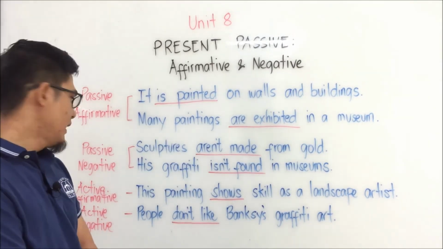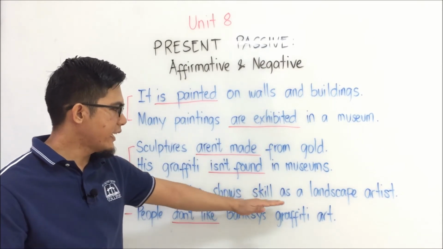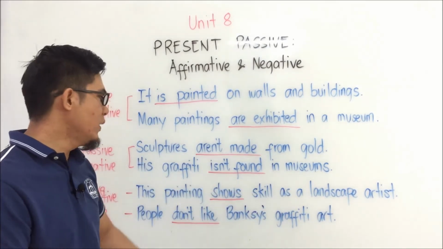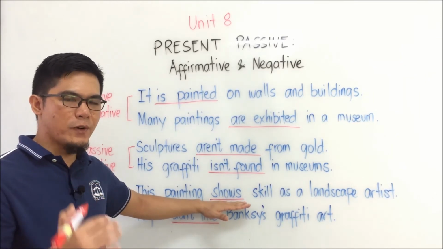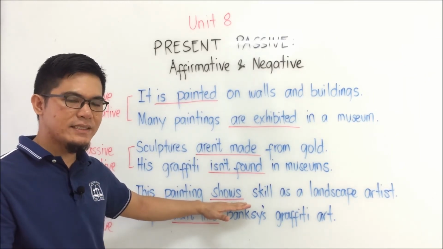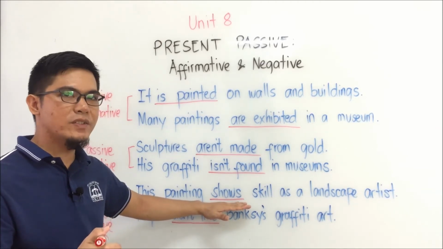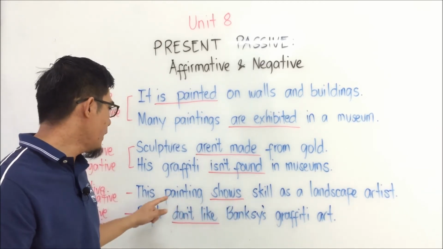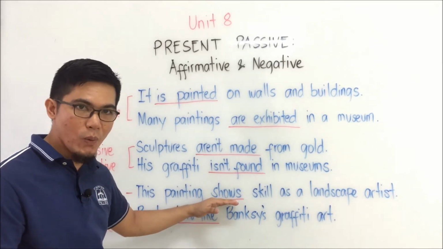Okay. Let's go to active affirmative. This painting shows skill as a landscape artist. We just put verbs with s. In this example, we use shows. If I put this in plural, paintings show.